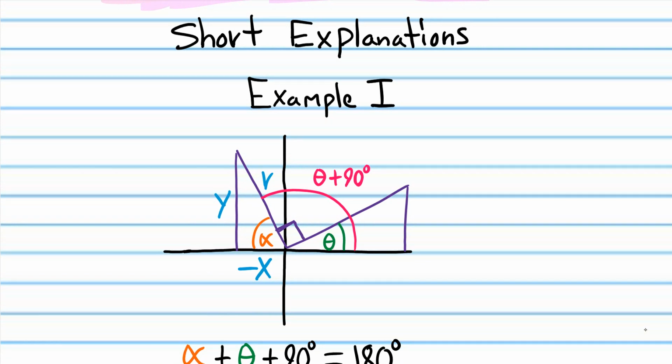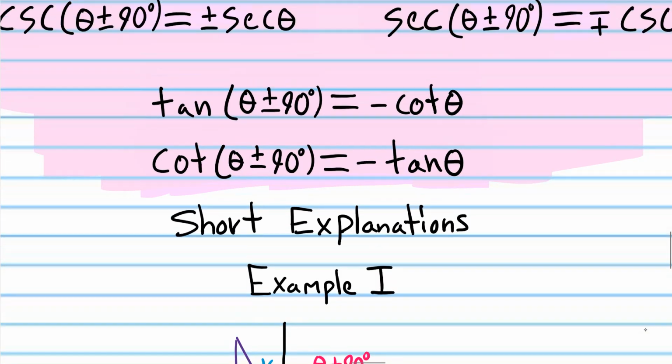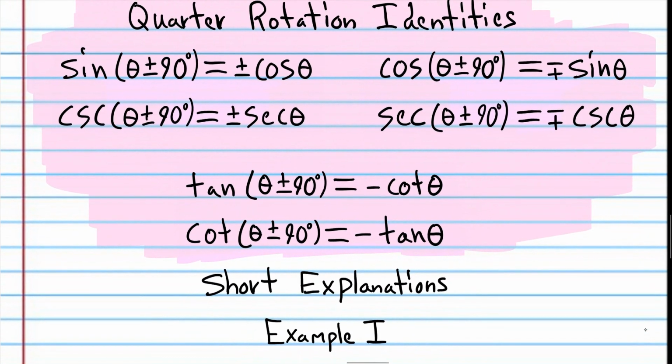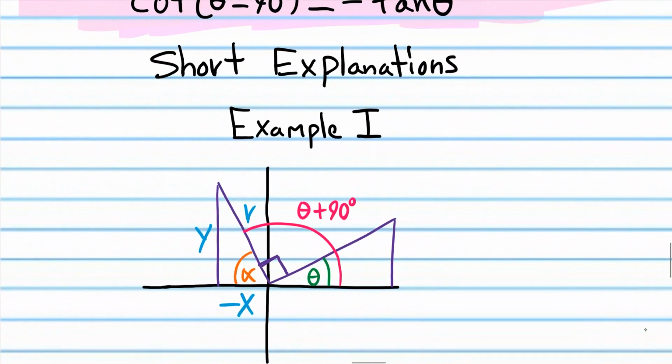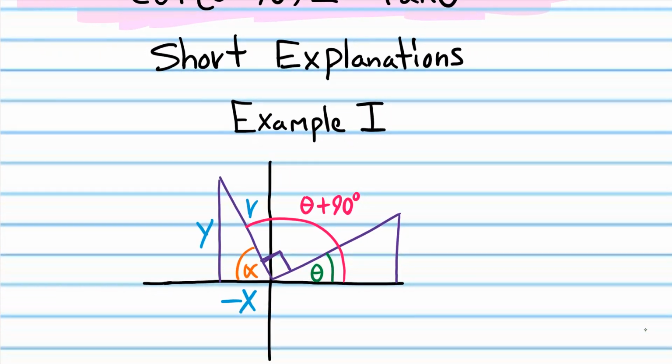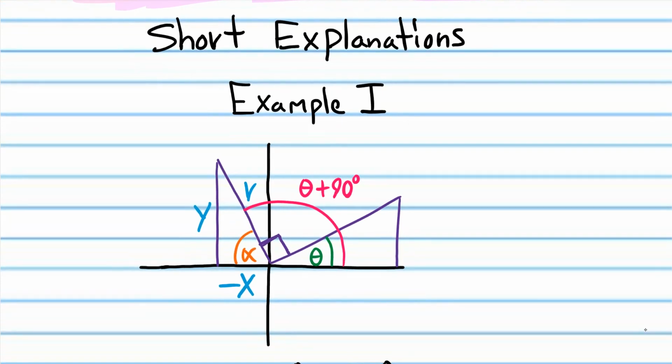But I'm going to go into this a little bit, and I'm not going to spend a lot of time on it because, again, you're probably going to choose to use easier methods to remember these identities. One way is just memorization, another way is using the sum and difference formulas. But let's just quickly go over the explanations for those identities.